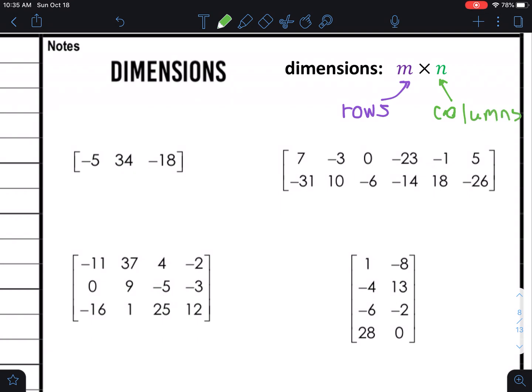So you're always going to state the dimensions of a matrix by the rows first and then the columns. Okay, so if we take a look at these, what are the dimensions of each of these matrices? Let's pause here to identify those.